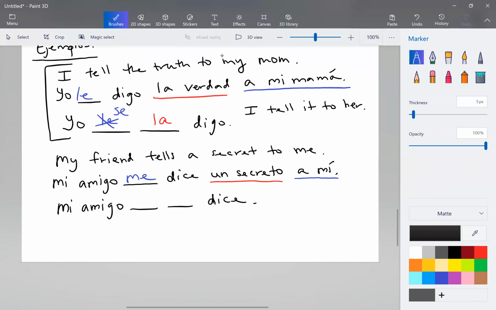What do we think? Wouldn't it still be me? Yes. Me le? Not le. Lo. Yes. Secreto is singular and masculine. We can tell by the word un. Now we have lo.